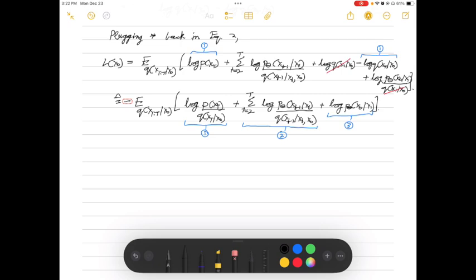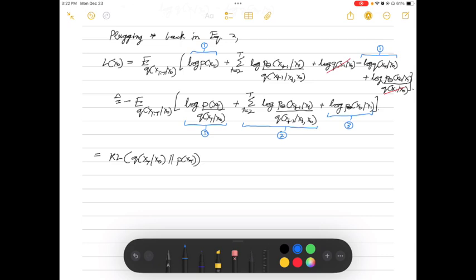So this will give us the expectation over q x1 to t given x naught, with the first term giving me the KL of q of xt given x naught with p of xt, right?